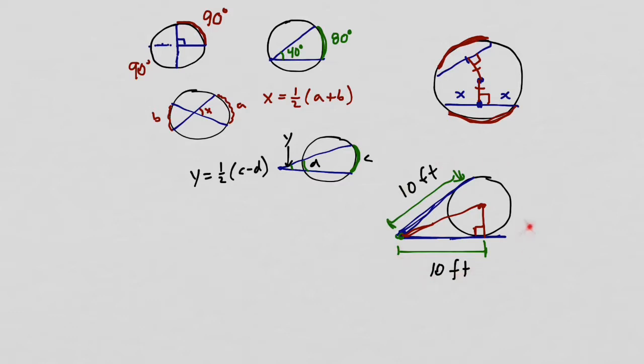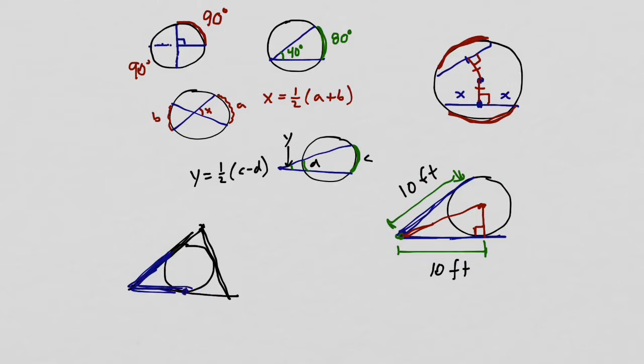This idea about tangents can be extended to the idea of an inscribed circle, or I could say a circumscribed polygon. So if I have a polygon, a triangle, or a four-sided polygon, or whatever number of sides, then we can think of the sides of the polygon as representing tangent lines, or at least parts of tangent lines. And so just like in this figure, each of those parts would have to be congruent.